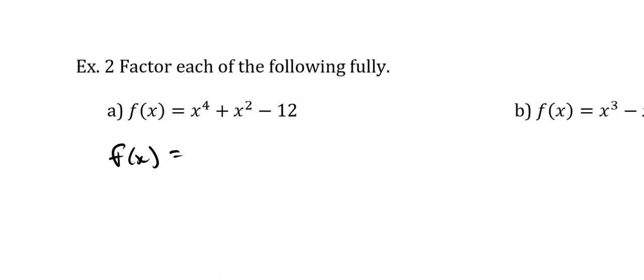Okay, so we're just doing it the same way. What are 2 numbers that multiply to 12 and add to 1? Yep. 4 and 3. So I've got something, and you said positive 4 and something minus 3, but I don't put x in there. What do I put? It's x squared.